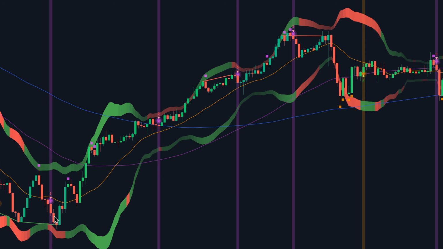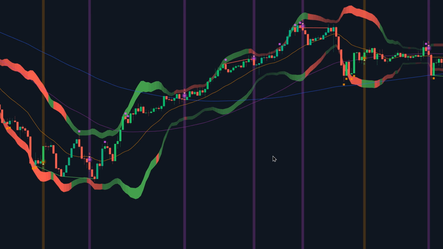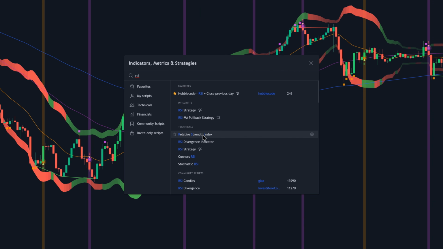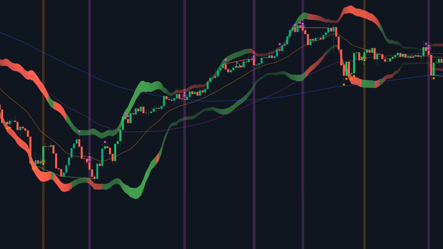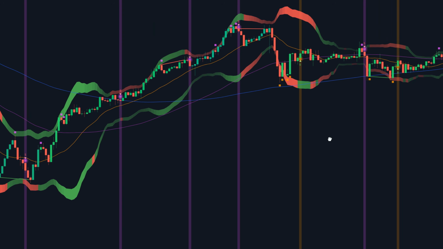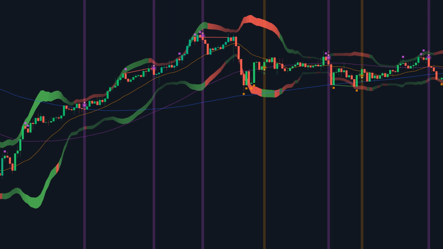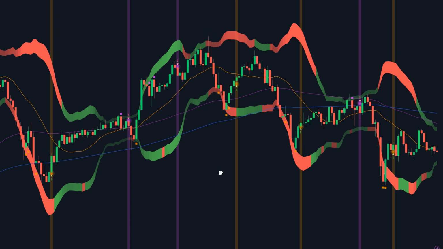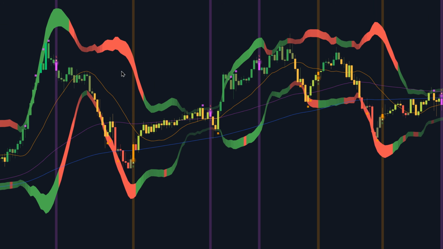These represent bearish and bullish divergences in the market. And this indicator is able to identify bullish and bearish divergences because it contains the code for the RSI indicator. So these divergences are just RSI divergences. Of course, having this indicator this way is making the chart look a bit messy, and we're obviously not going to be using all these features, which means we need to customize the settings of it.